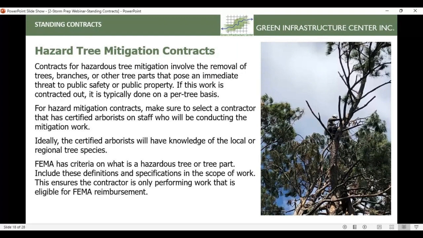But if you don't make the decision, the contractor will make it for you. And I would suspect that they would probably lean on the side of taking more trees down than maybe they need to, because it creates debris, which is what they're there to pick up. So give that some thought.